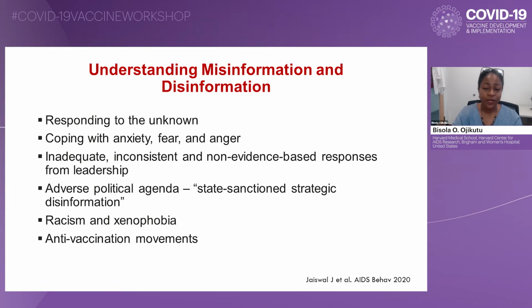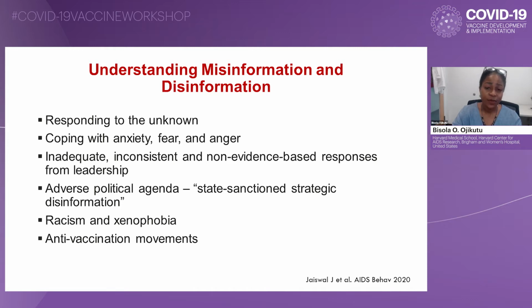The spread of misinformation and disinformation in the setting of an emergency also evolved from a need that we all often have to cope with anxiety and fear when faced with unknowns. Interestingly, sometimes so-called conspiracy theories are viewed as a form of disinformation, but oftentimes they're not intended to mislead, but to provide explanation where there is none.